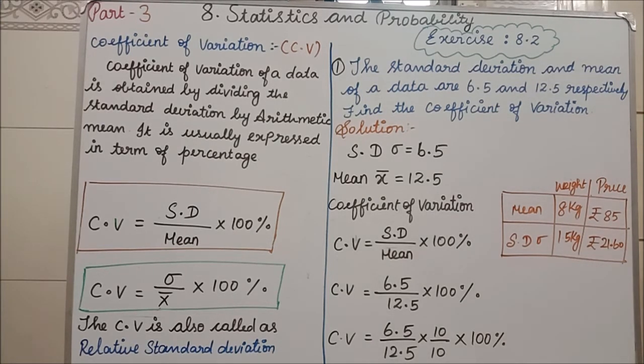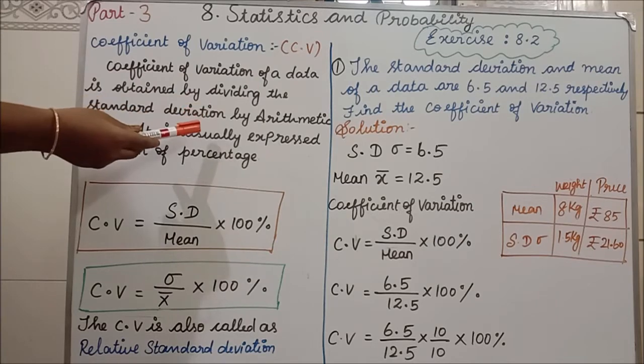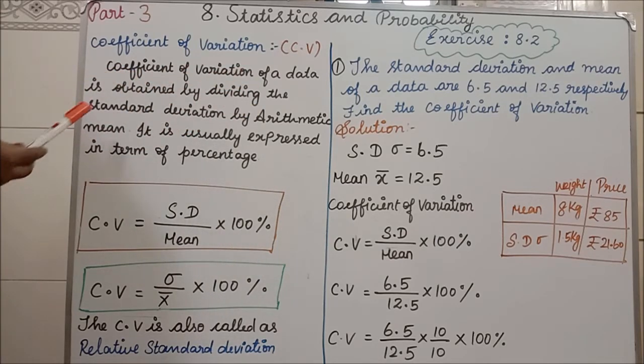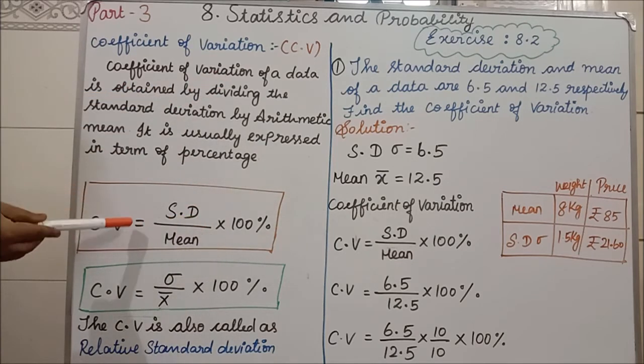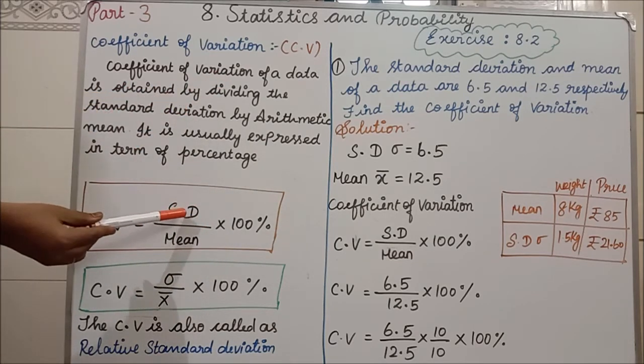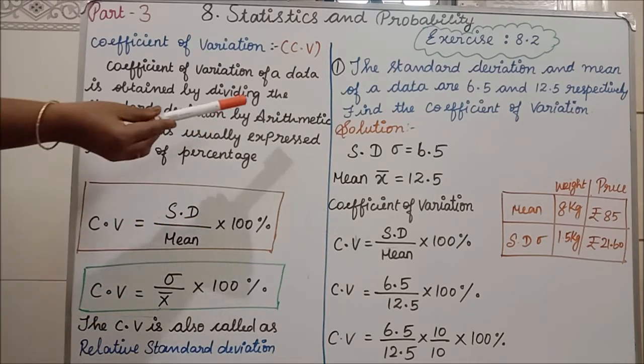Clear students? Now how did we get this coefficient of variation formula? Coefficient of variation is obtained by dividing the standard deviation by the arithmetic mean. I am dividing the standard deviation, S.D., by the arithmetic mean.